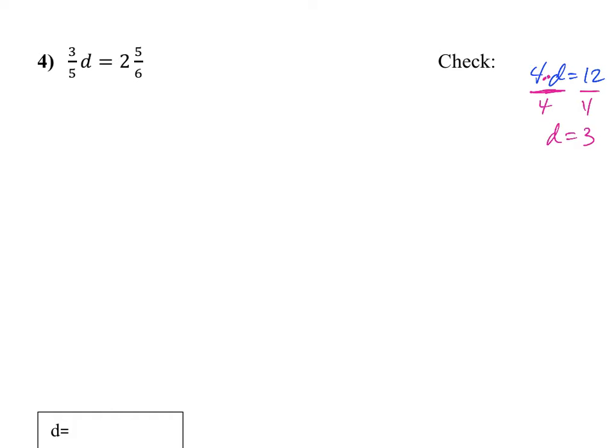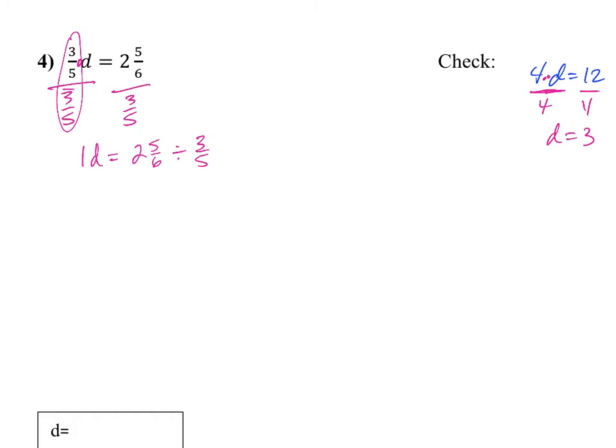So I'm going to come over to the problem and say, what's happening to D? D's being multiplied by 3/5. How do I undo that? I divide by 3/5. So I would divide this side by 3/5, divide this side by 3/5. 3/5 divided by 3/5 is 1, so I'm going to have 1D on this side. And then I have to look at 2 and 5/6 divided by 3/5.